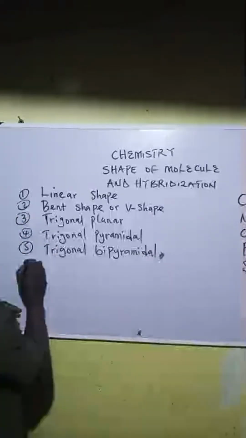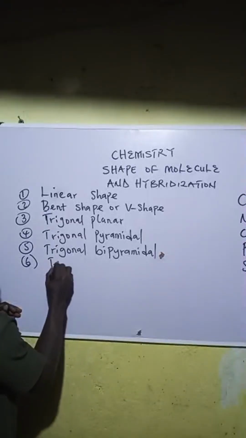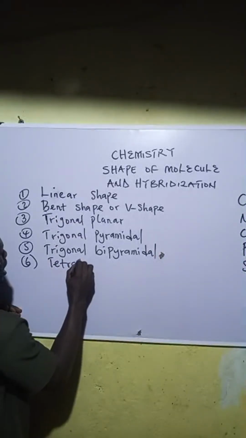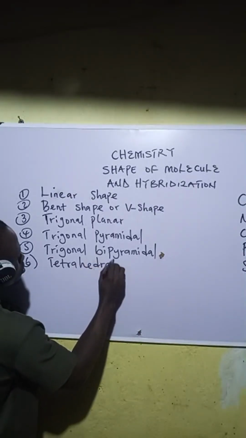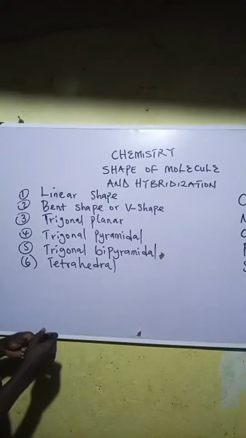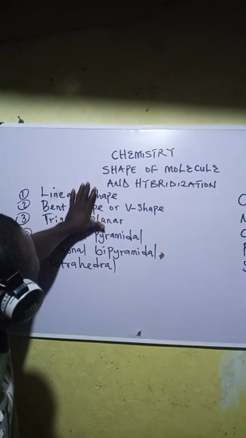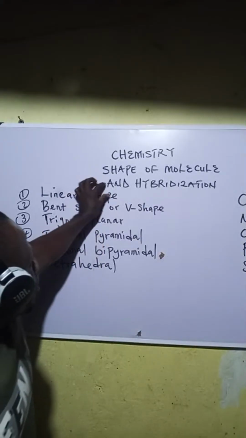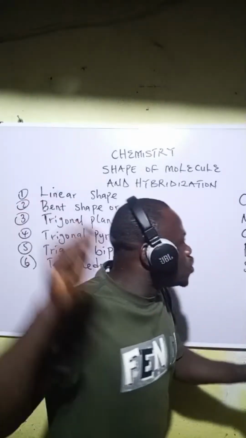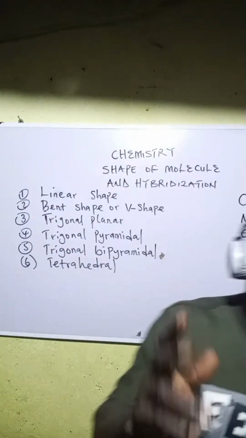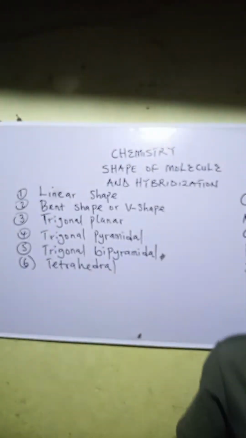Are you following? Six, we are going to look at tetrahedral. We have octahedral, and so on and so forth. So we are going to look at the various shapes, and the type of hybridization and angle they have. So this video is very, very inspiring. You are using just one video to learn a lot of things. Do you get that?